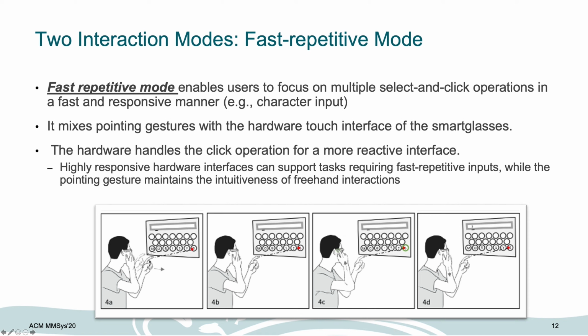So the pointer will still follow the hand of the user and point somewhere. When the user wants to select a character key, the user taps on the body of the smart glasses, which is a touch-sensitive interface. So we leverage the highly responsive hardware interface to support tasks requiring repetitive and fast input.